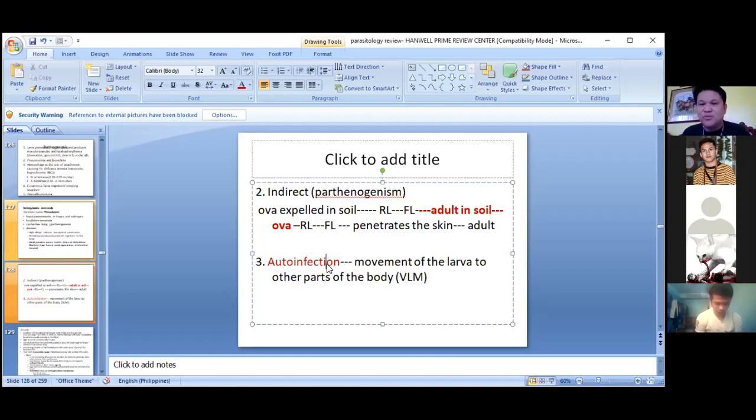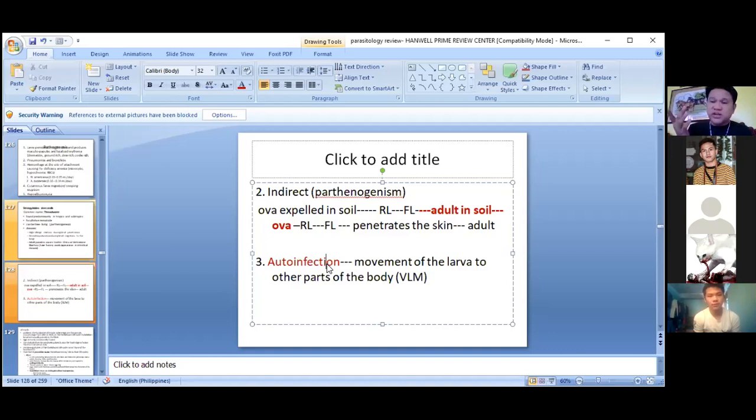Wala pang board exam na nagdaan na hindi tinanong ang difference ng auto-infection ng Enterobius vermicularis sa Strongyloides stercoralis. Naintindihan ba? So, pag Enterobius auto-infection, mula sa puwet dahil makati, kinamot, naintindihan? Tapos, it's either inamoy yung daliri kung nasaan yung ova o kinagat, na-ingest.